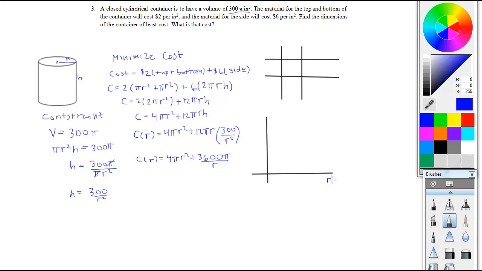So we have radius, r for radius of the can, and then going up here is cost. Now the problem with this, if we just try and graph it, is we have no idea what the costs are for this, and so we need to guess a couple values to see ballpark about how high the costs can get for various radii of this cylinder.